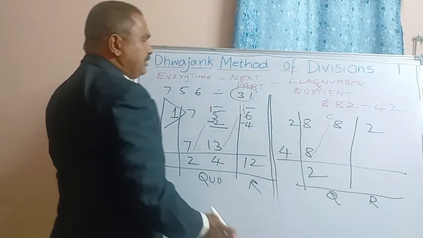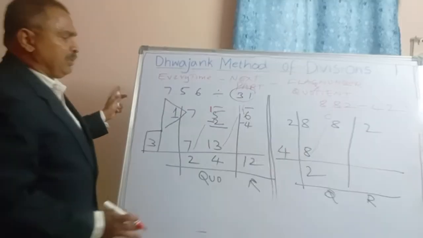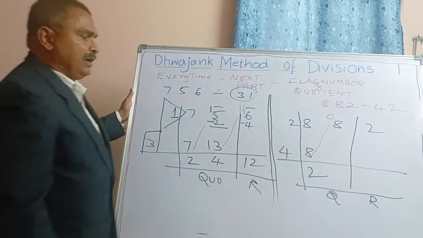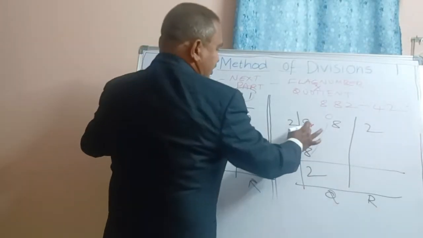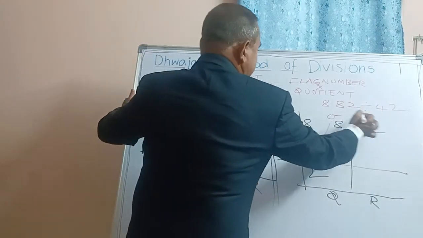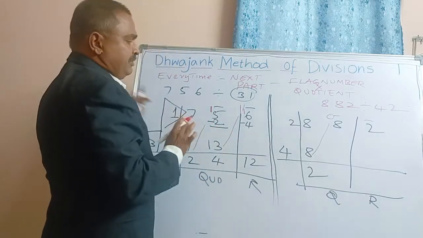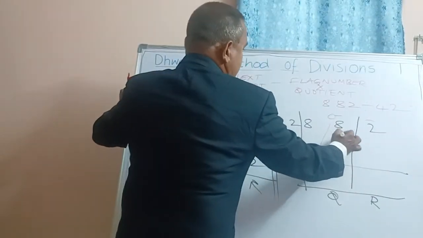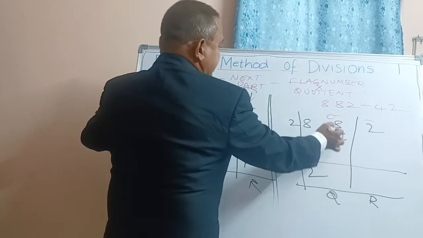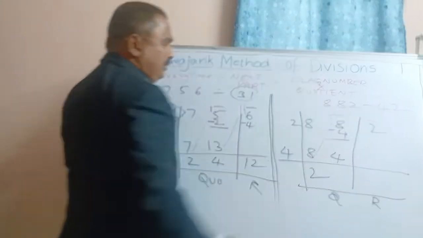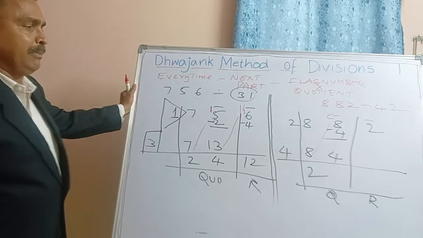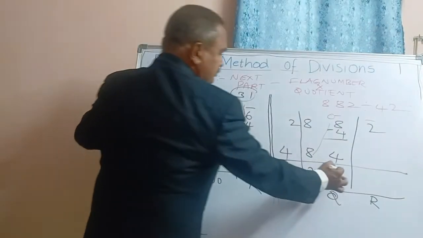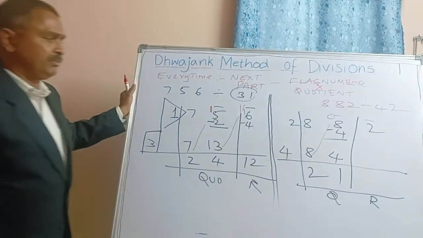We got a quotient. As per our formula, multiply quotient with flag number and subtract from next part. When we are dividing 8, this will be our next part. Now 2 into 2, 4. Subtract from next part, 8 minus 4, 4. Again we got a number on the base number. Divide 4 by 4, one time.